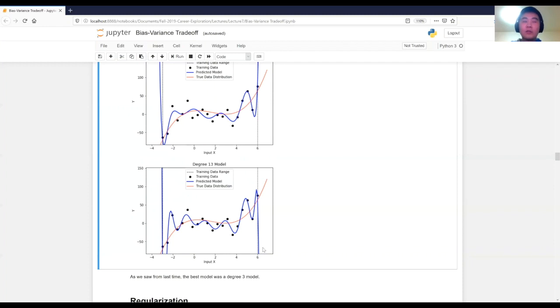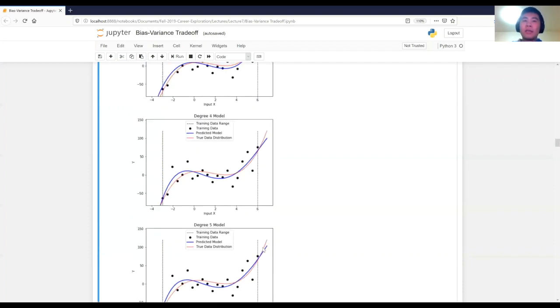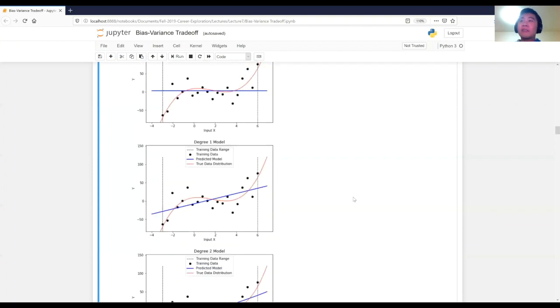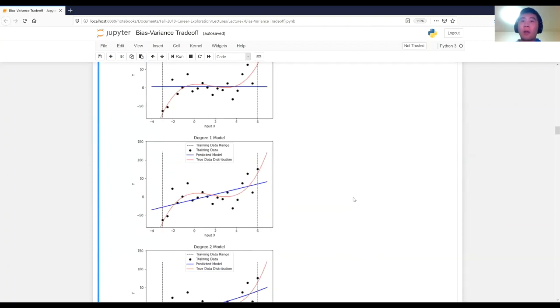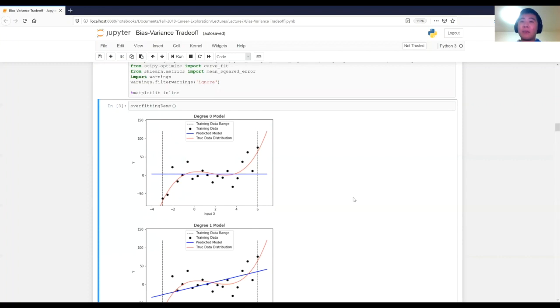So returning to our question in the beginning, we can see that as the degree of our polynomial increases and as complexity increases, we have lower bias but higher variance. That's our first attendance question: what happens in polynomial regression as you increase the degree?